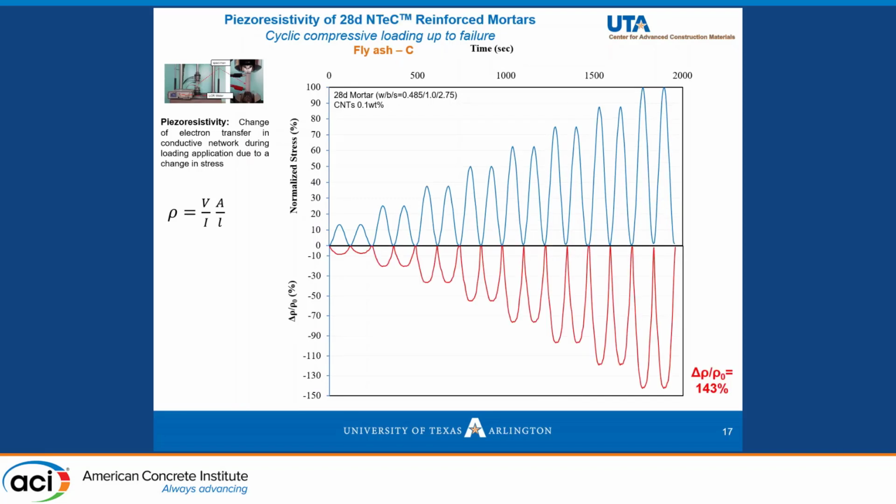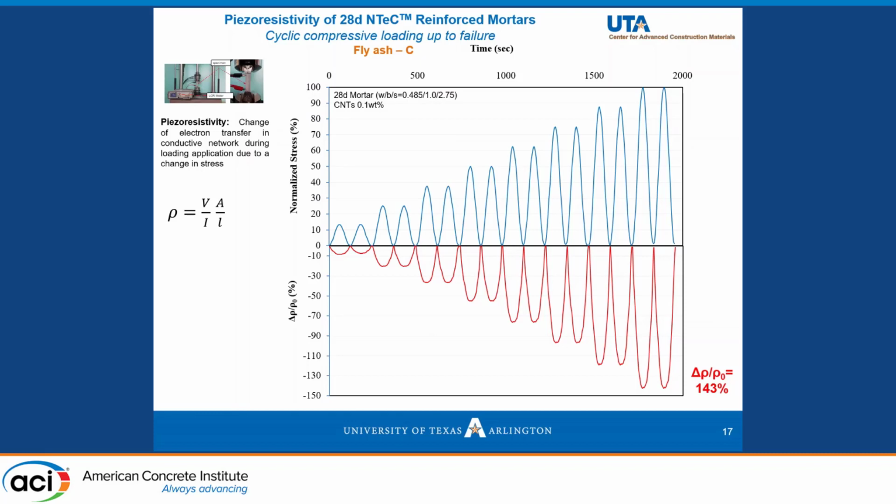Showing this plot here is going to be easier for everybody to understand. I'm showing CNT mortars with fly ash C reinforced with CNTs at an amount of 0.1% per weight of cement. Here we see a direct, reverse relationship of the compressive load with the fractional change in resistivity.